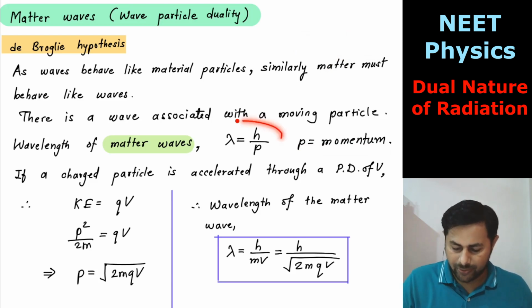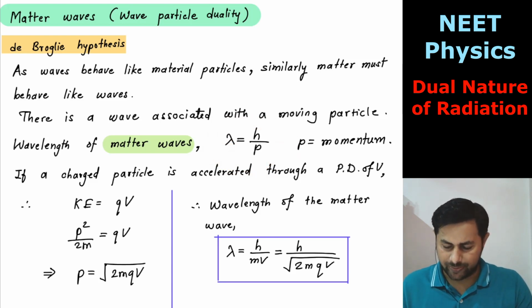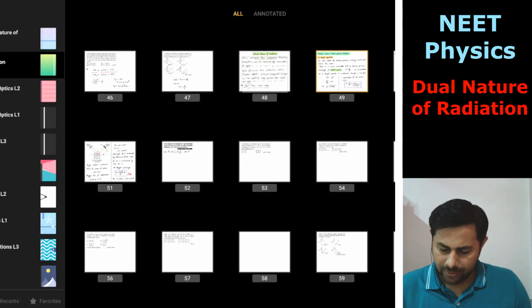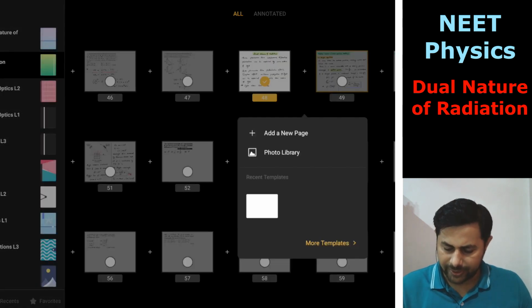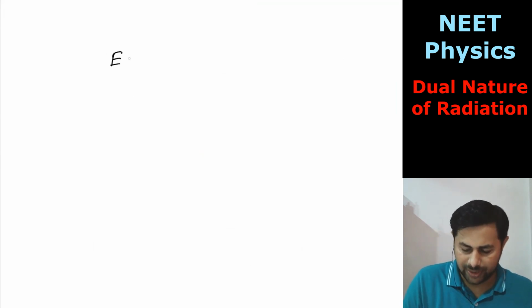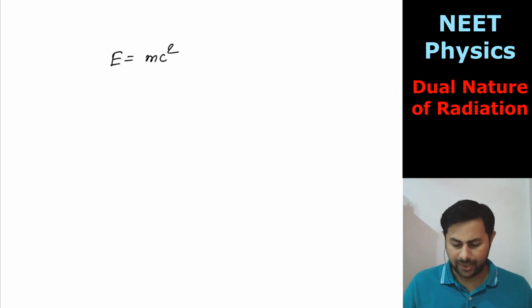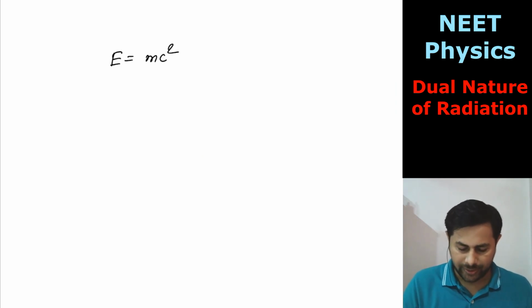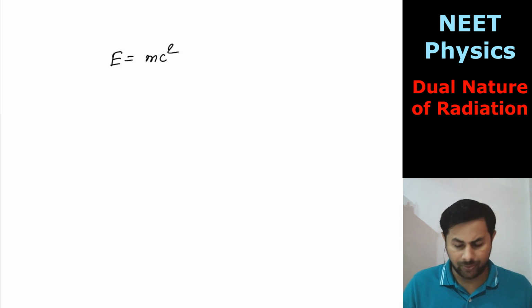Now we need to remember this. So where did it come from? The answer is, think about Einstein's mass-energy relation, E equals mc squared, and the energy of a photon.